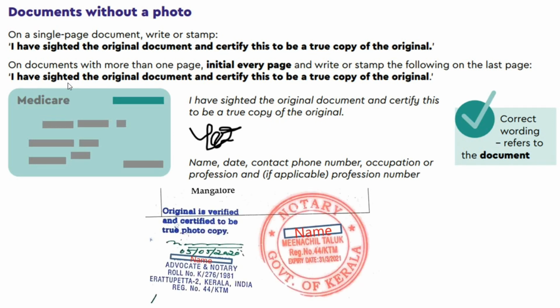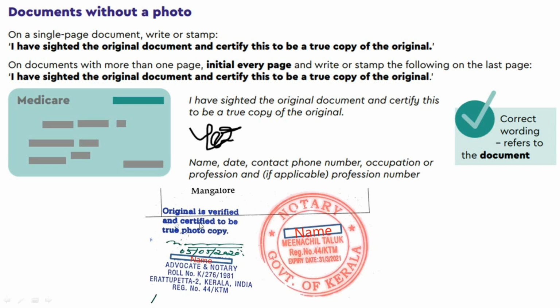So this is a sample. On the first page, you will see the stamp like this: original is verified and true copy, and the stamp of the lawyer. And on the final page, again you can see the same: I have cited the original document and certify this to be a true copy.